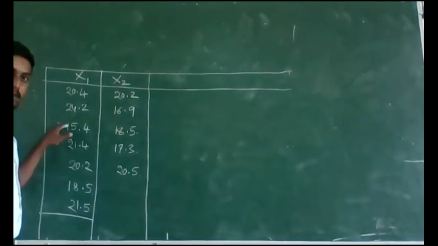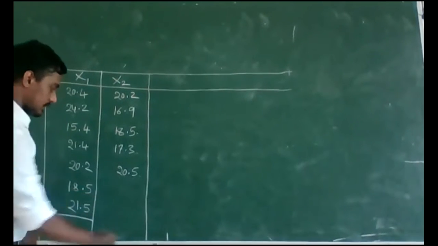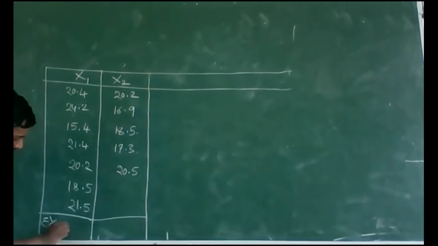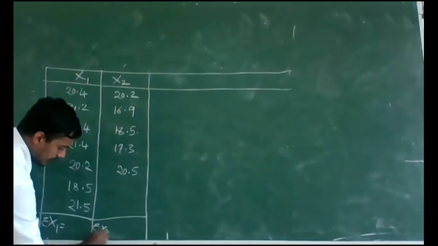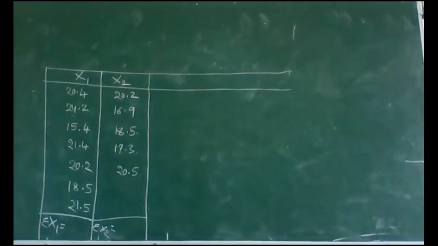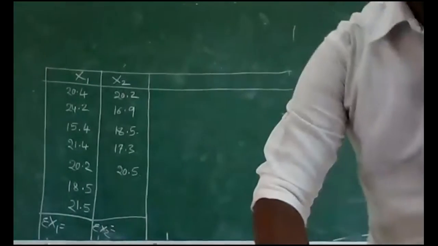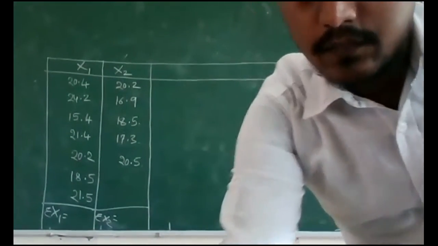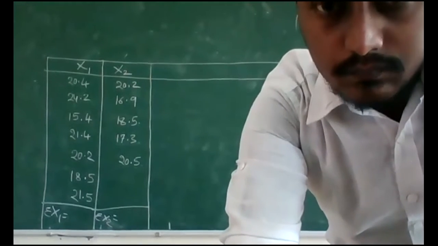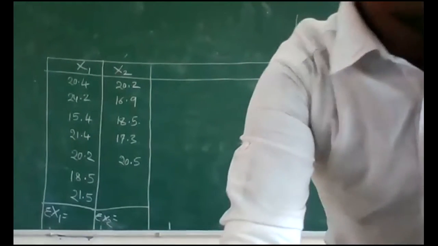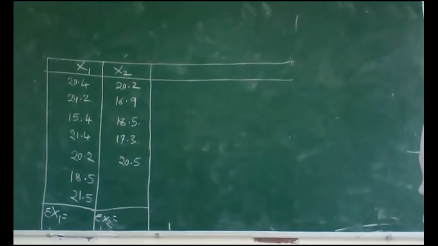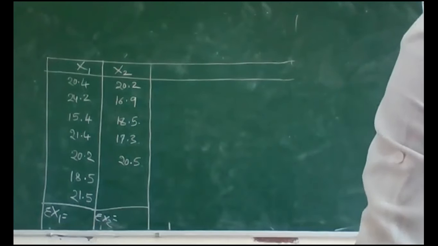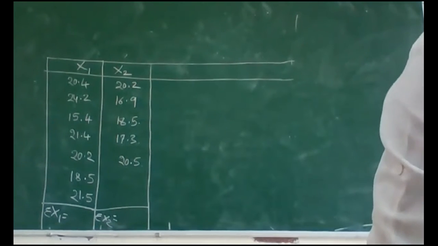Sum of first sample and sum of second sample. Tell me what is x1 and x2. Use calculator and tell me the total of x1 and x2. Anyone, tell me the total.